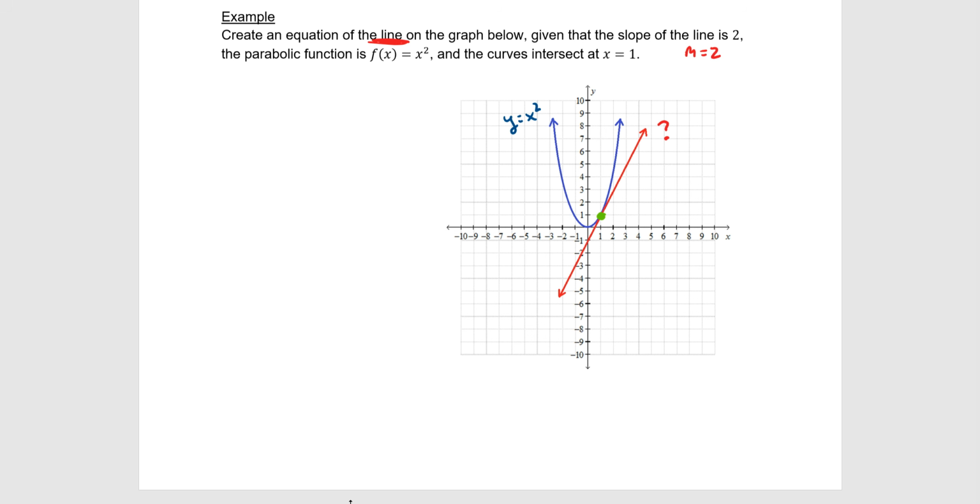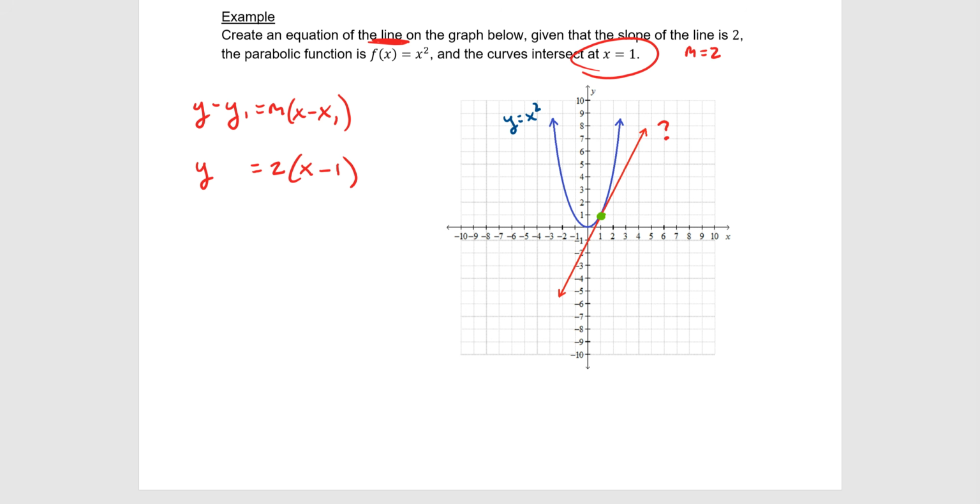Creating an equation of a line, once again, you should be thinking that's probably going to be point slope, right? y minus y1 equals m times x minus x1. So we know the slope, so that's going to be y minus something equals 2 times x minus 1.